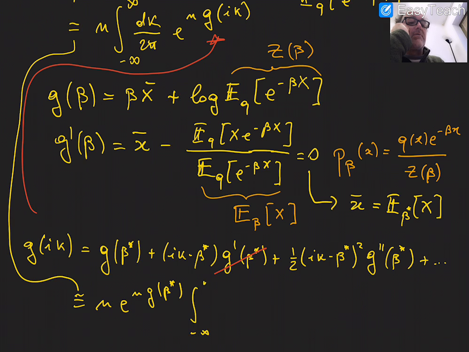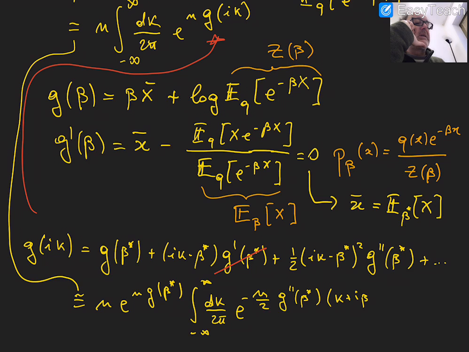approximately, asymptotically equal to n times e to the n times g of beta star, which is the first term, and then I have an integral from minus infinity to infinity in dk over 2 pi of e to the, so this term here I can take the i outside, and this will be minus n divided by 2 g double prime of beta star times k plus i beta star squared plus higher order terms.